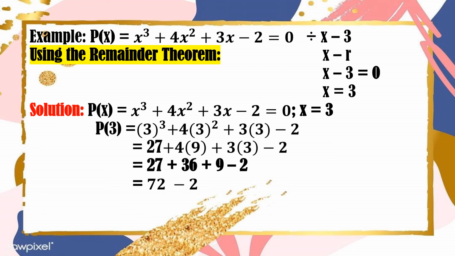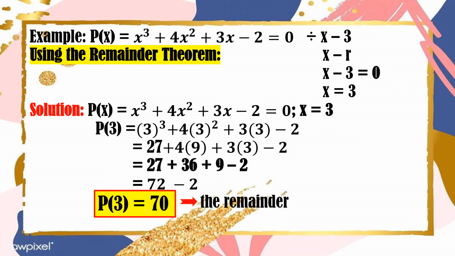Combining, 27 plus 36 plus 9 will be equal to 72, minus 2. So, p of 3 is equal to 70. So, 70 is our remainder.